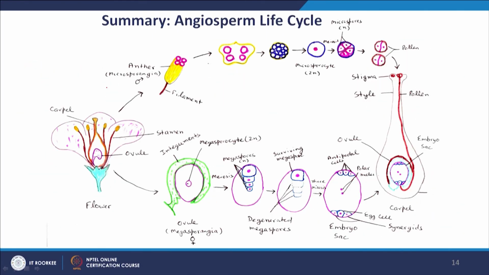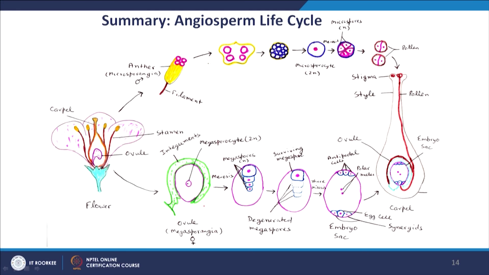So, at the end, if I summarize the life cycle of an angiosperm plant, flowers are the organs where we have the reproductive organs, male reproductive organs as the stamen, female reproductive organs as the carpel. The male reproductive organs generate microspores or haploid pollen through microsporogenesis.